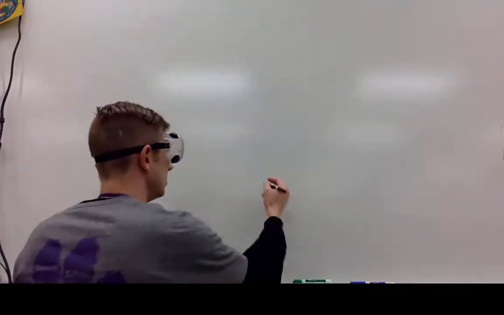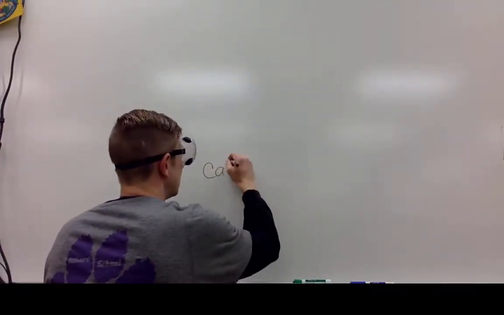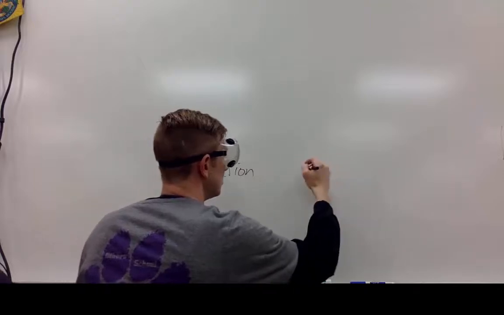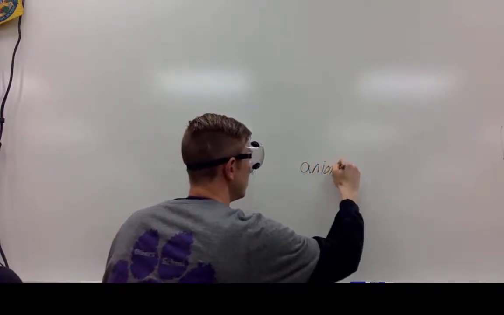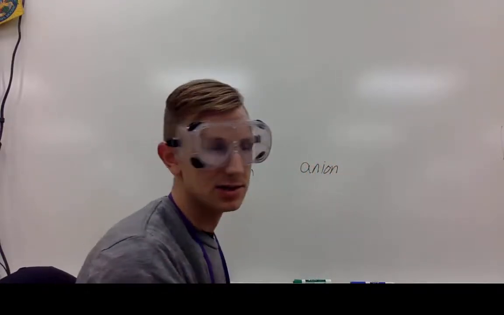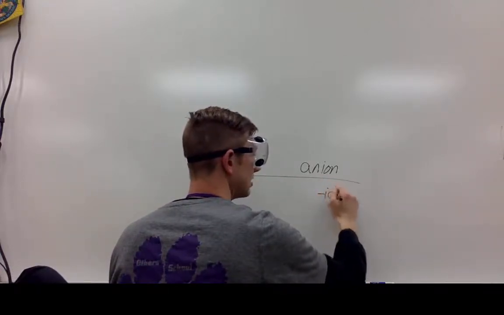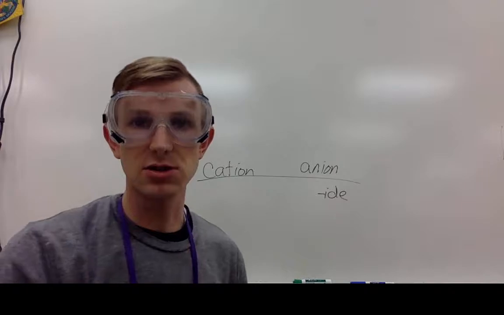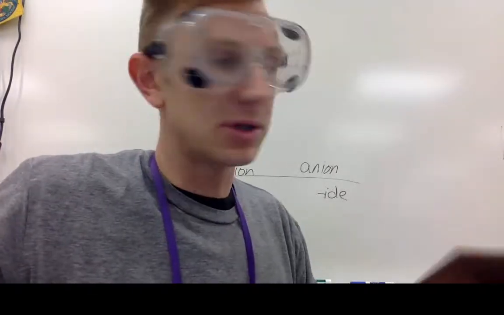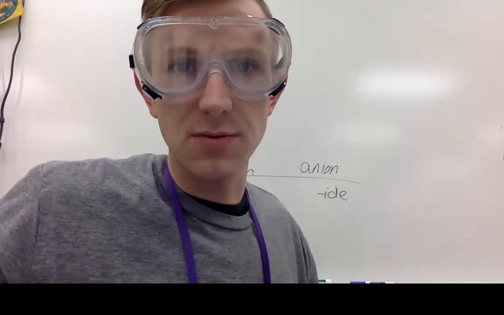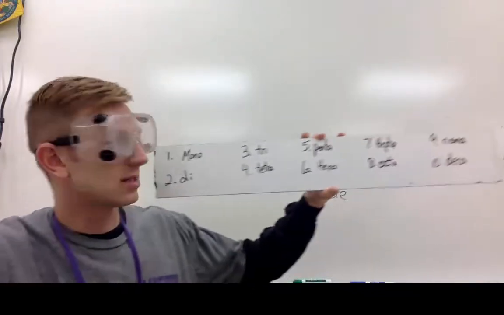All right, so the first thing we're going to start out with is you have the cation and you have the anion. With the anion, you still need to add that whole drop the end, add IDE stuff. But the rest of it, this is where you start memorizing stuff.